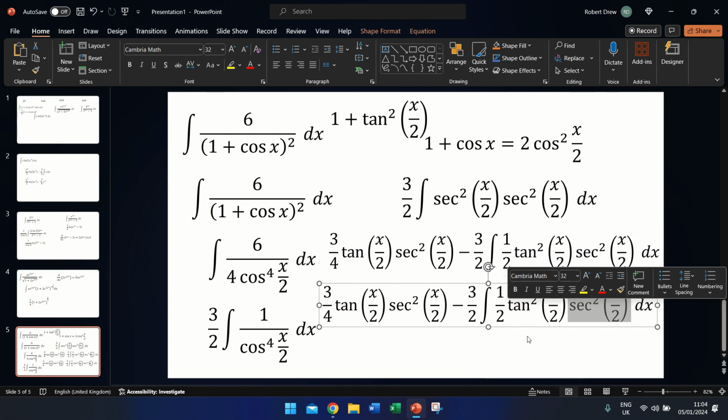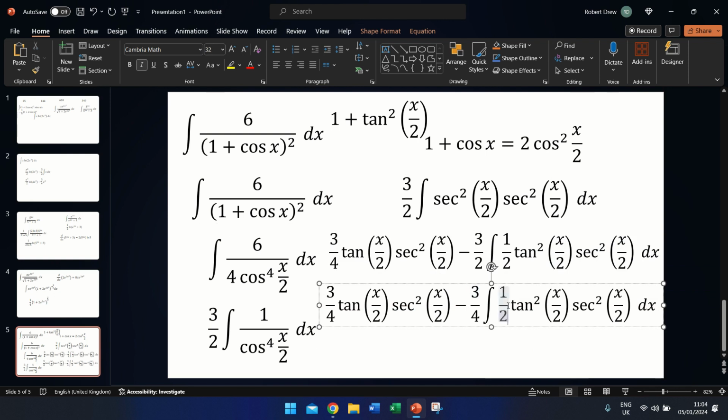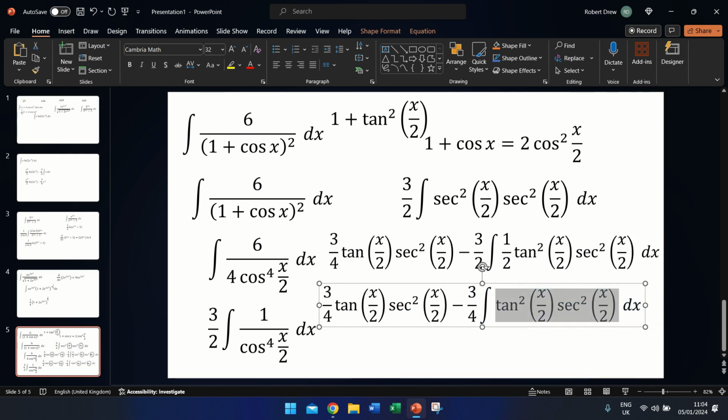Tan squared is sine squared over cos squared, which makes this sine squared over cos to the 4, which makes this, I'll put the half there, by the way, 1 minus cos squared over cos to the 4, which makes it 1 over cos to the 4 minus cos squared over cos to the 4, which is sec squared. So this is the integral of sec to the 4 x over 2 minus the integral of sec squared.